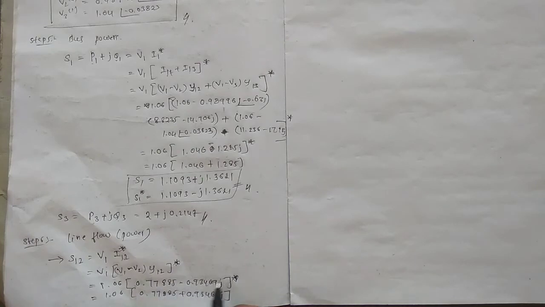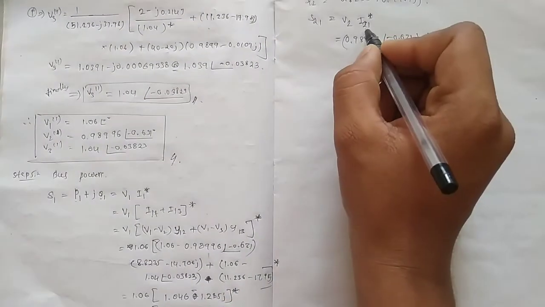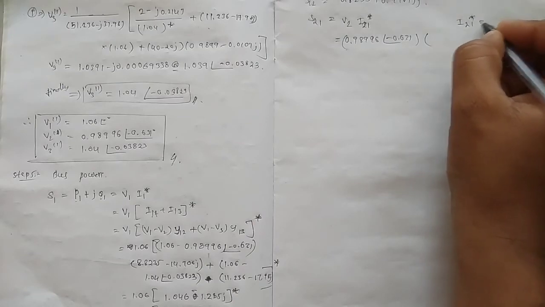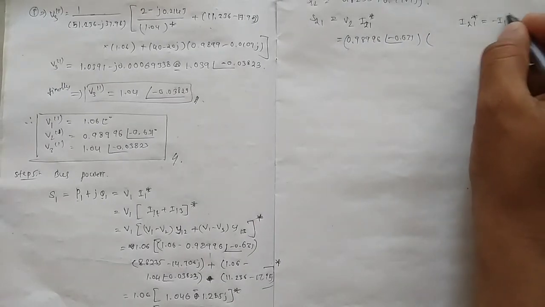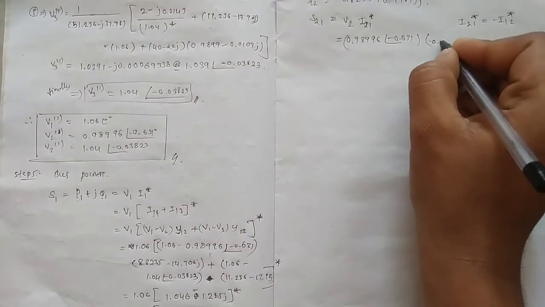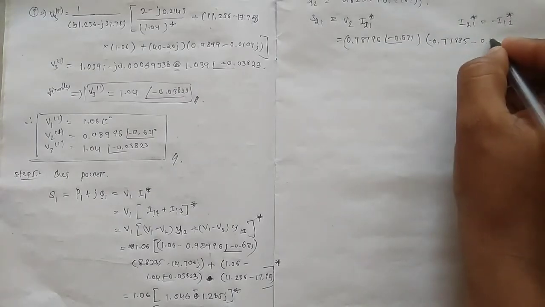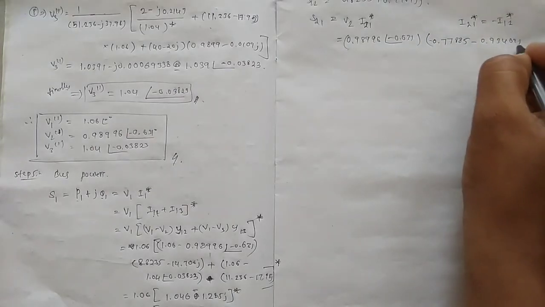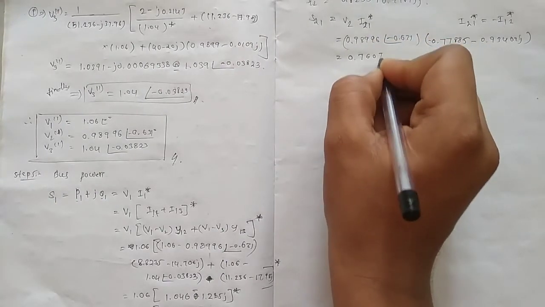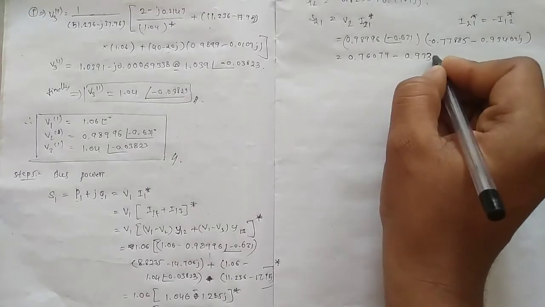We need to take this value, that is I21 conjugate. I21 conjugate is equal to minus of I12 conjugate. Directly I take the value, minus of 0.7885 minus of 0.93469. After calculating, we'll get 0.7609 minus of 0.93374J.